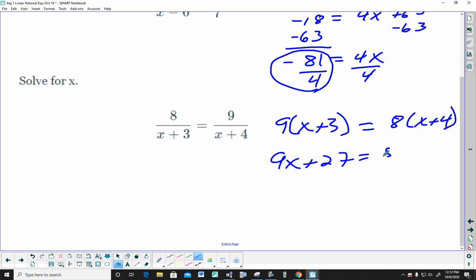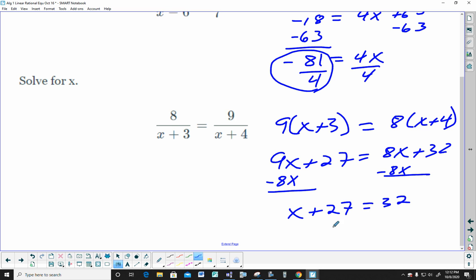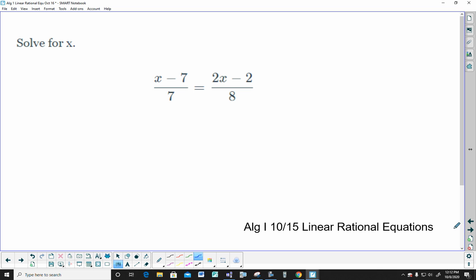Distribute the 8 inside. How about I cut the 8x off this time? That's 1x plus 27 is equal to 32. Subtract the 27. And you get x equals 5. If I can do that in my head, which is always questionable.